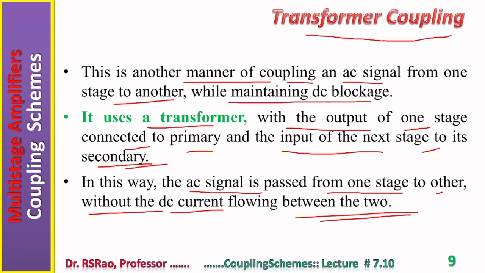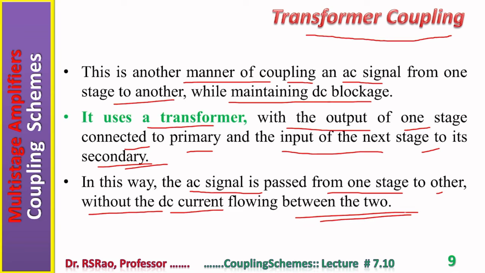The main difference between RC coupling and transformer coupling is, in both cases, DC is prevented completely from entering into the next stage from the previous stage. That is there, but the RC coupling scheme is simple. One capacitor is more than sufficient to implement RC coupling, but in transformer coupling, a transformer is required.